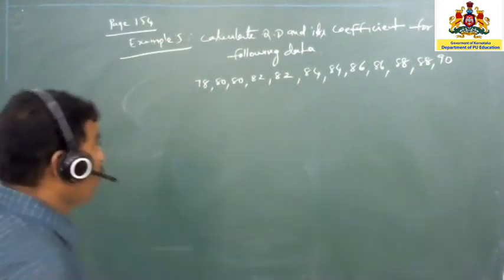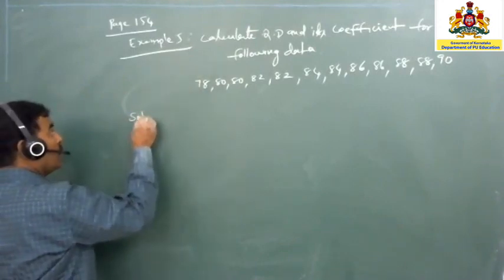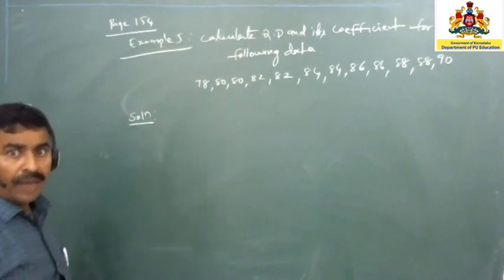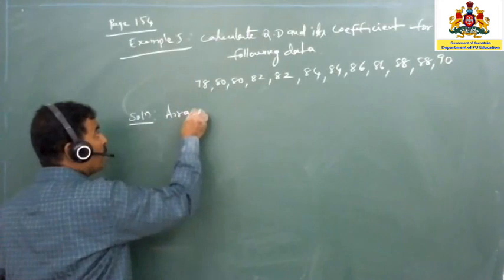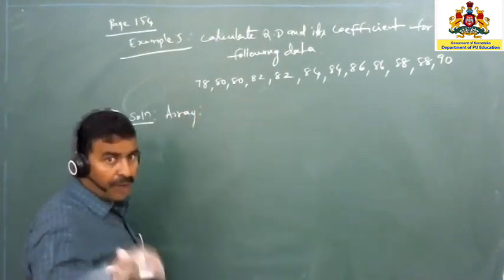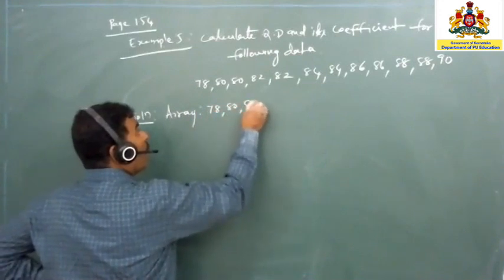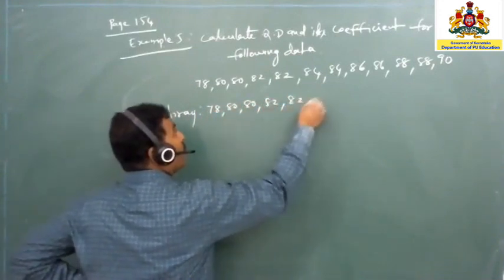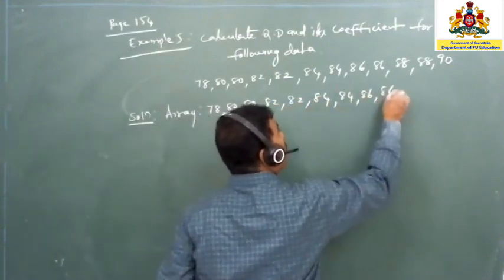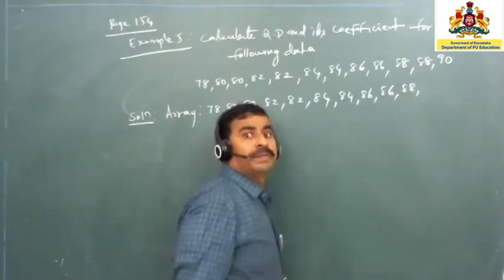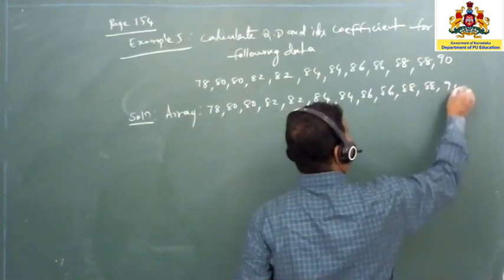Now the solution. In the solution, first you should arrange the data in ascending order of magnitude, that is an array. Already the observations are given in ascending order. If not, you should arrange them in ascending order: 78, 80, 80, 82, 82, 84, 84, 86, 86, 88, 88, 90.